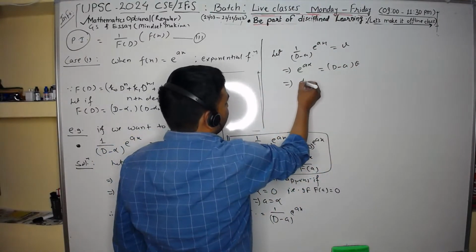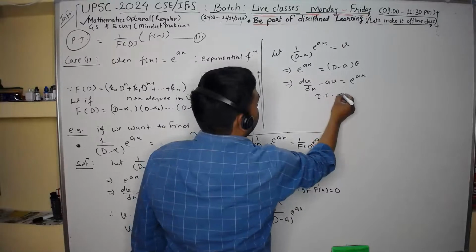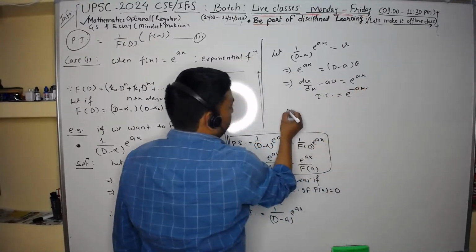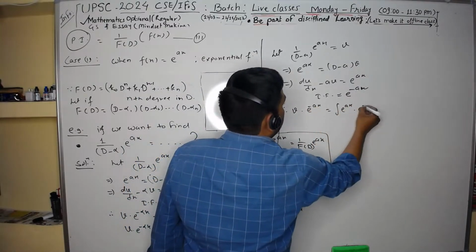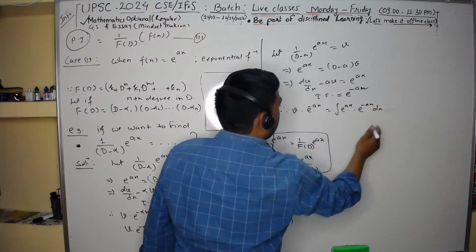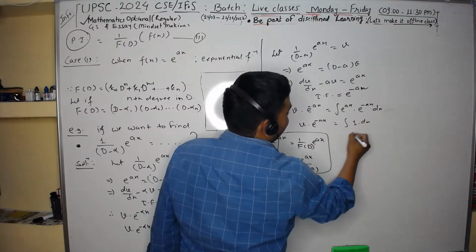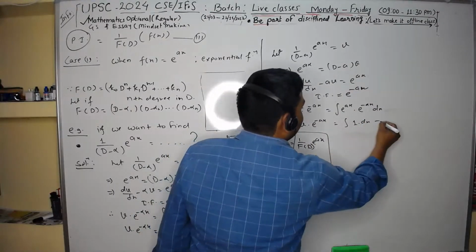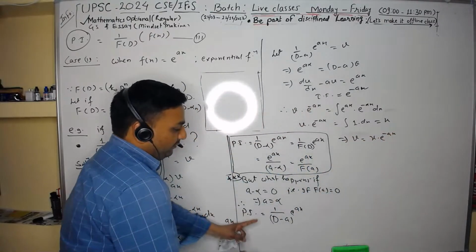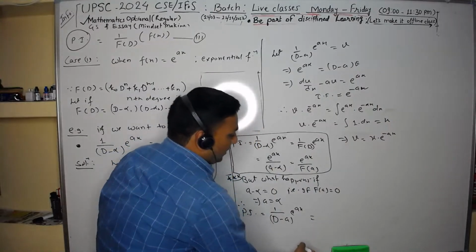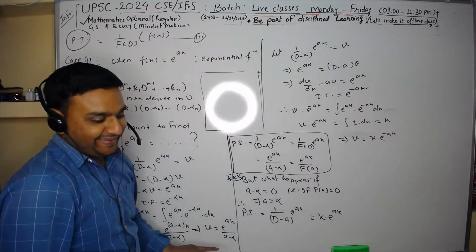I'm sorry. Integrating factor e raised to the power minus a x. So what will v be? This will become, so this is the form, this will come out as x into e raised to the power a x.